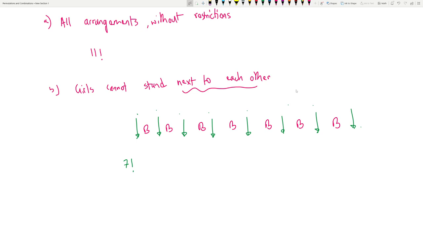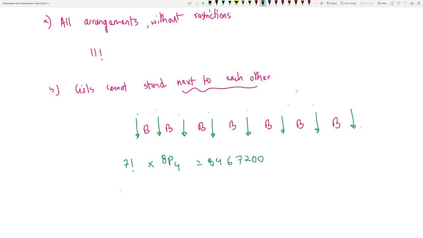You have 8 spaces and 4 girls, and their arrangement matters. Whenever arrangement matters, it's permutations P. So it's going to be 8 spaces and 4 girls, which is 8P4. This gives you your answer, which is 7 factorial times 8P4. That is 8467200.